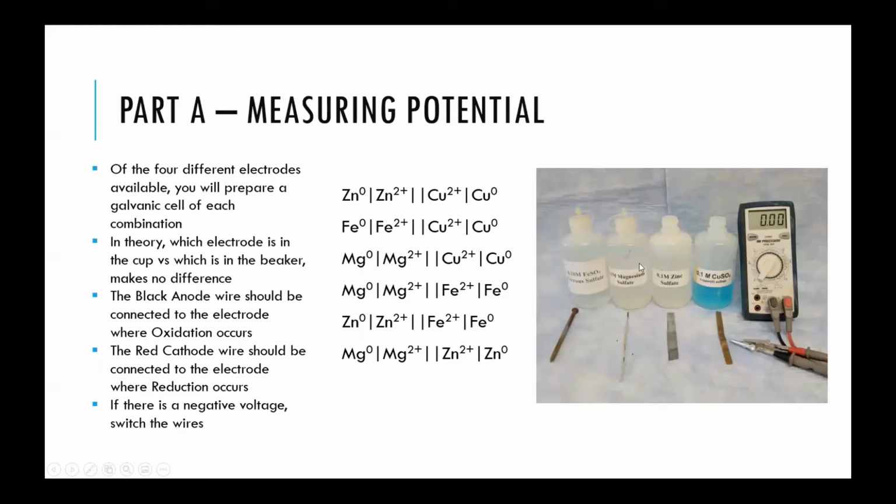So you'll then record the voltages of these 6 galvanic cells and compare that to what the theoretical voltage is. All 4 of these electrodes have known standard reduction potentials, so you can use them to determine what is the theoretical chemical potential for this reaction and what is your percent error associated with that theoretical value based on your measured voltage.